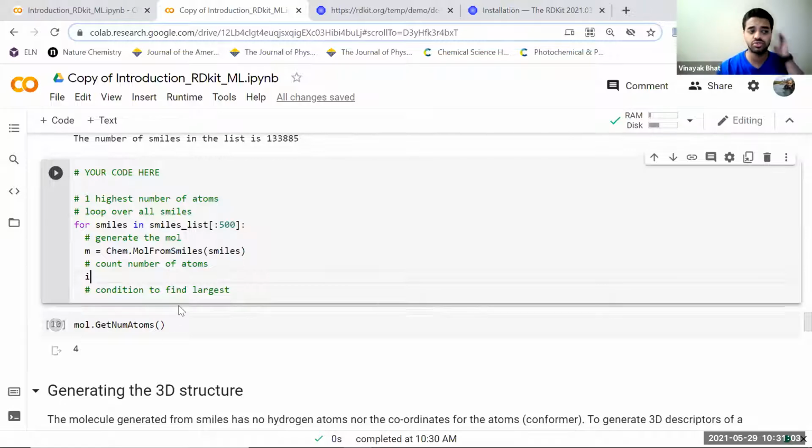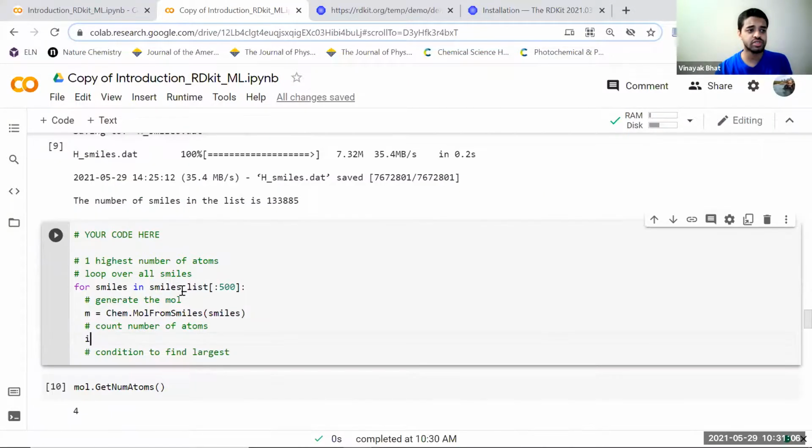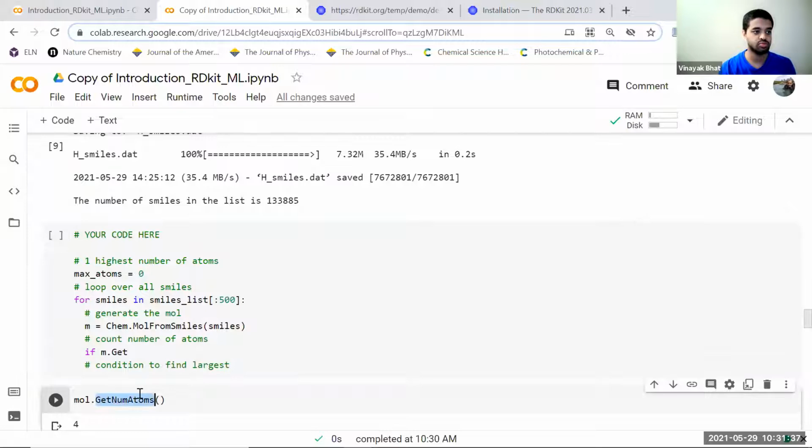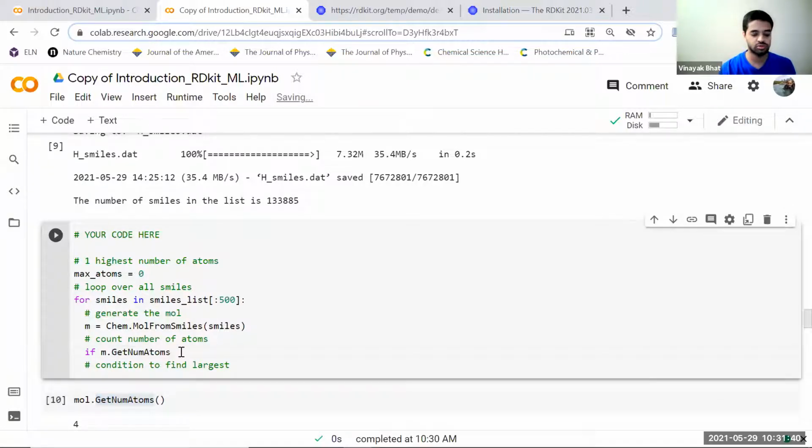Okay, I think you used a small set. Yeah, that's fine, as long as this is working for you. We usually do this: max atoms is 0, and then count atoms, if m.GetNumAtoms is greater than max atoms.